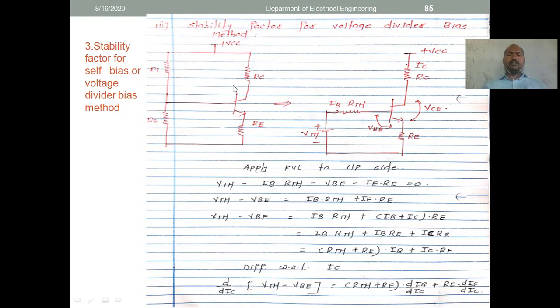That's why this configuration is reduced by applying Thevenin's theorem. The voltage across this resistor is V1 and the voltage across this one is V2. We analyze the circuit such that V1 and V2 are taken as one voltage by applying Thevenin.